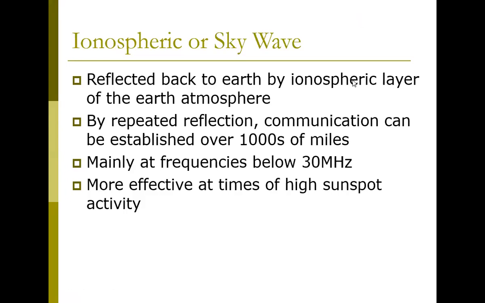Here the reflection property is used, reflected back to Earth by the ionospheric region of the Earth's atmosphere. Repeated reflections are possible because the distance is huge. That's why it is written that you can send a signal over thousands of miles. The frequency used has been shown as 30 megahertz.